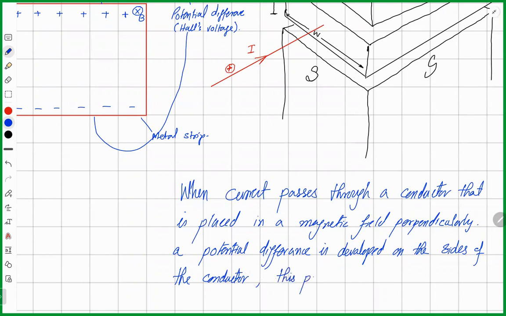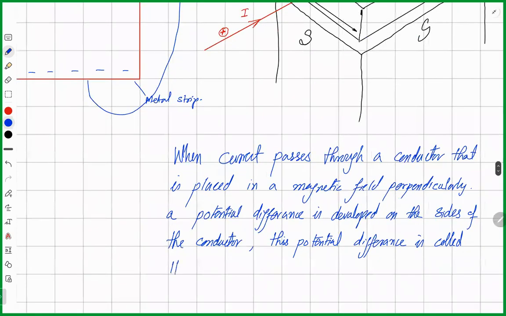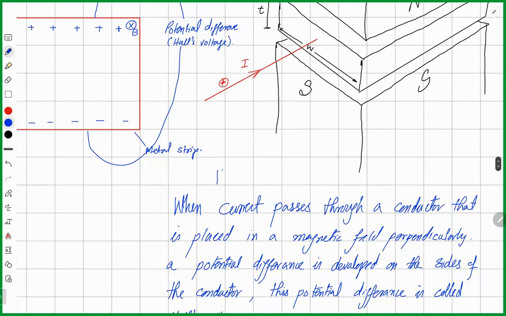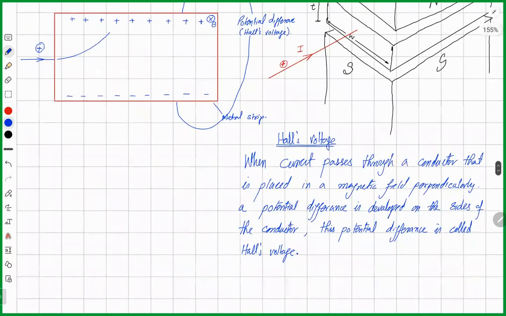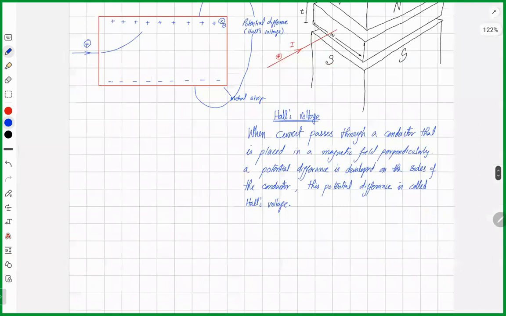This potential difference is called Hall's voltage. So this is the definition for Hall's voltage.